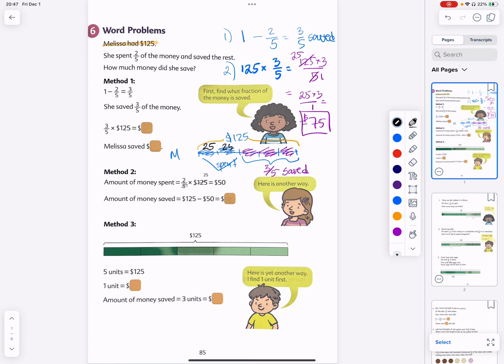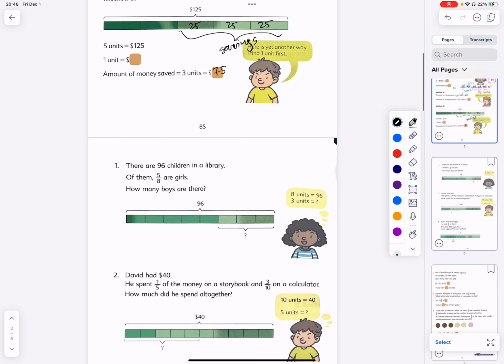And therefore, if we do want to find out the amount she saved, it's 25 three times, which is the same as what we found before, $75. Those 3 units are her savings, and that's $25 inside each unit. That is what she saved.